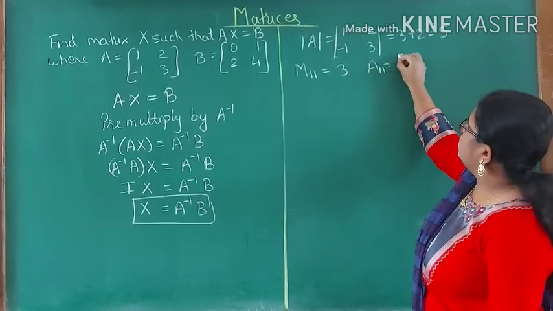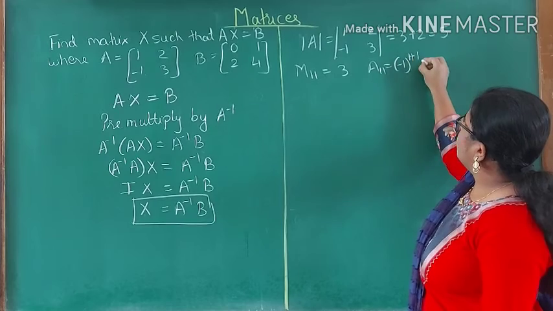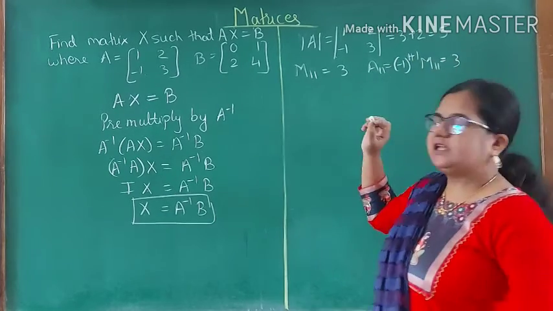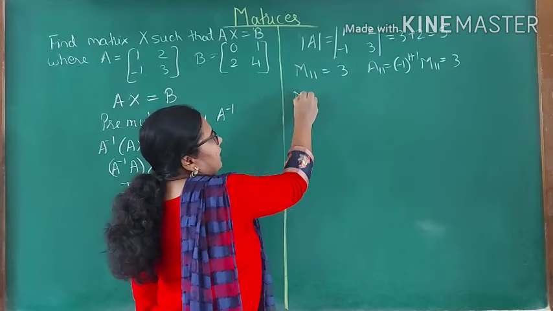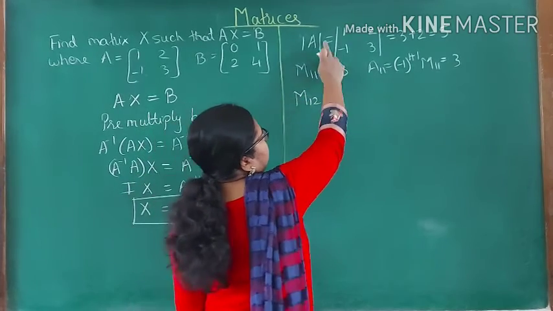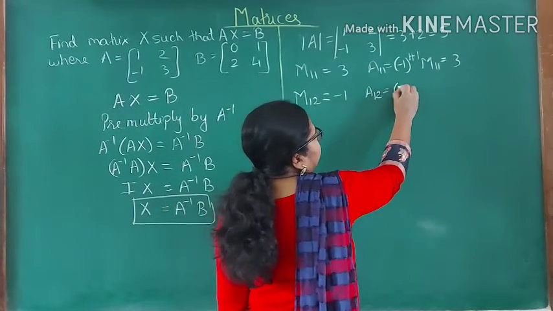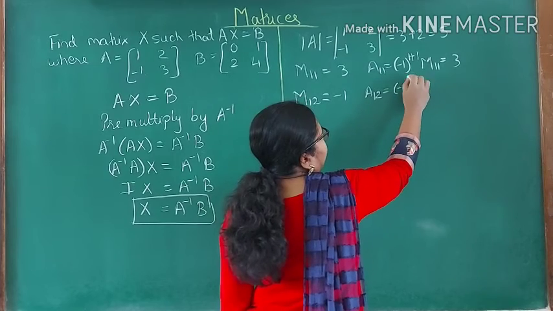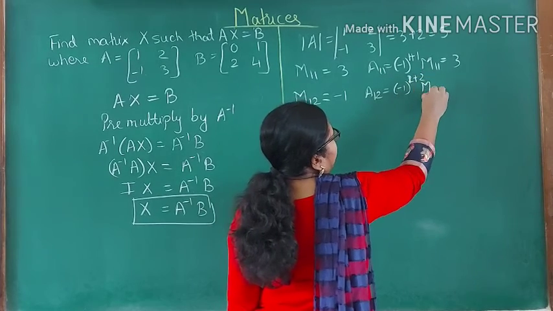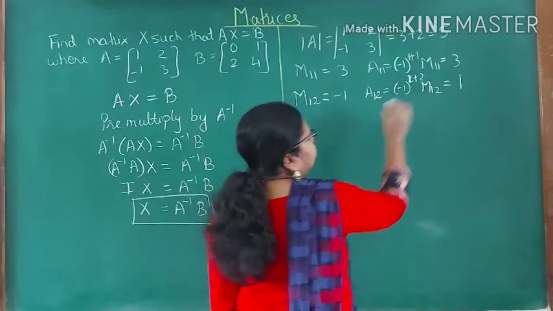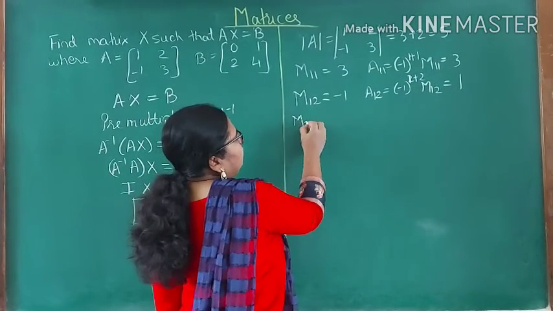Then A11 will be minus 1 to the power 1 plus 1 into M11, which is again 3, even power. Then M12 will be eliminate first row, second column: it is minus 1. A12 will be minus 1 to the power 1 plus 2 into M12, so the sign will get changed, odd power, answer 1.